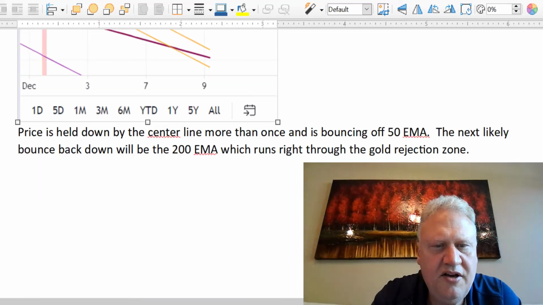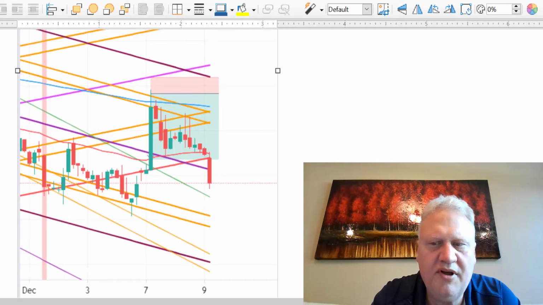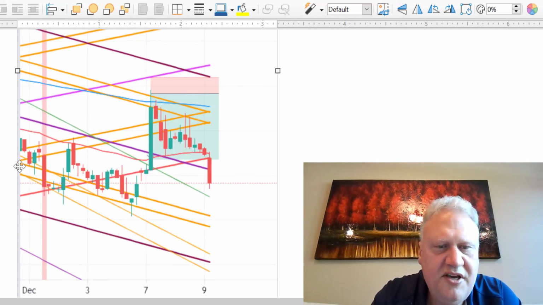And let's look here. There's another thing to notice. This is something I'm going to teach you that you may not notice, but price is already moving down the channel, down this large pitchfork, and it's bouncing off of the 50 EMA, being kept down. It finally breaks through the 50 EMA.